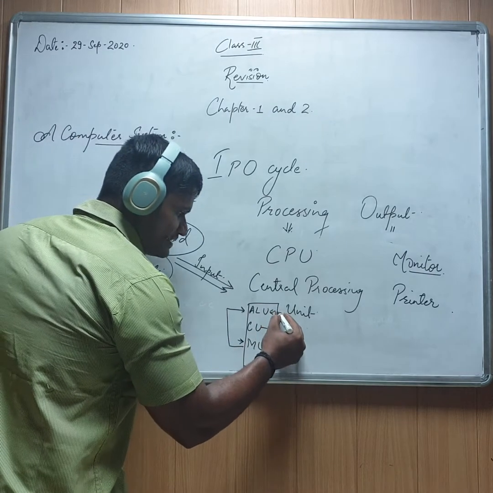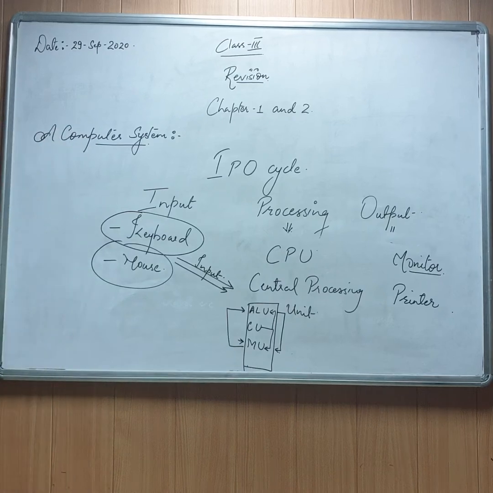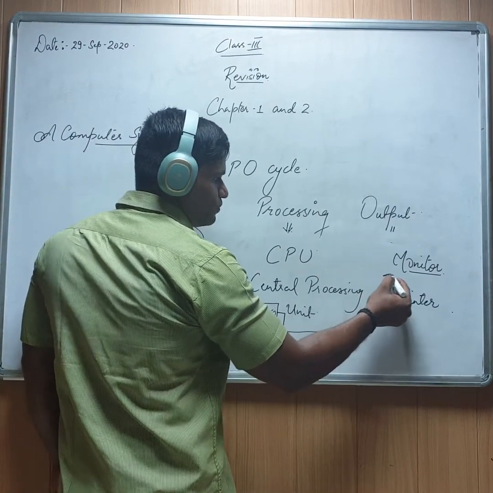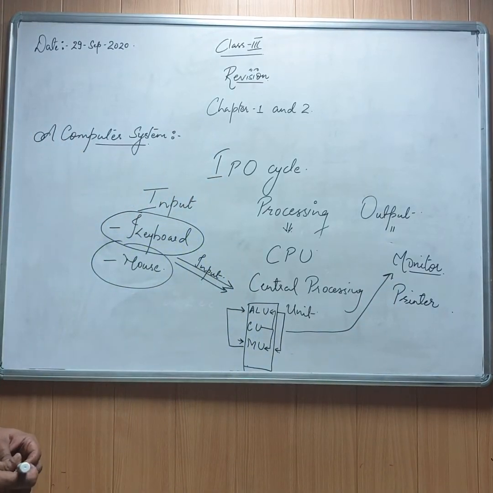Once it has processed, the result is stored again in the memory unit. Once the result is also stored in the memory unit, it is supplied to the output device and displayed on the monitor.